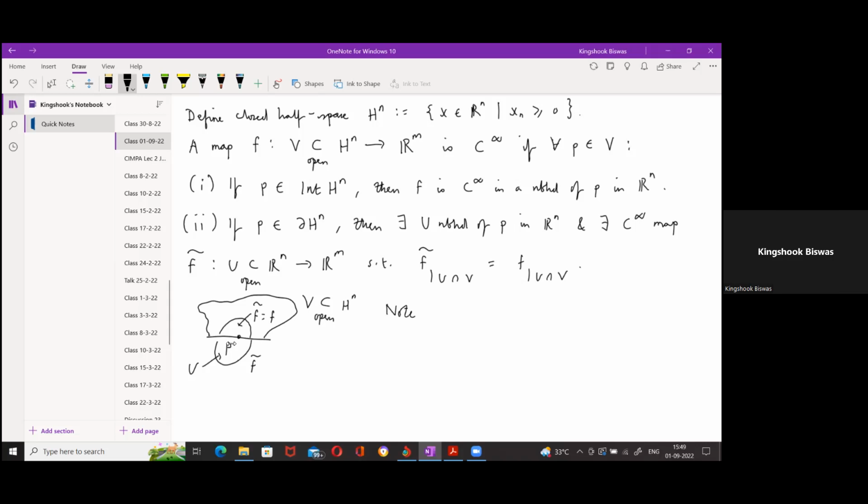If I take any partial derivative of order k, del^k over del x_i1 through del x_ik, then you define the partial derivatives of f at p to be the partial derivative of f tilde at p.